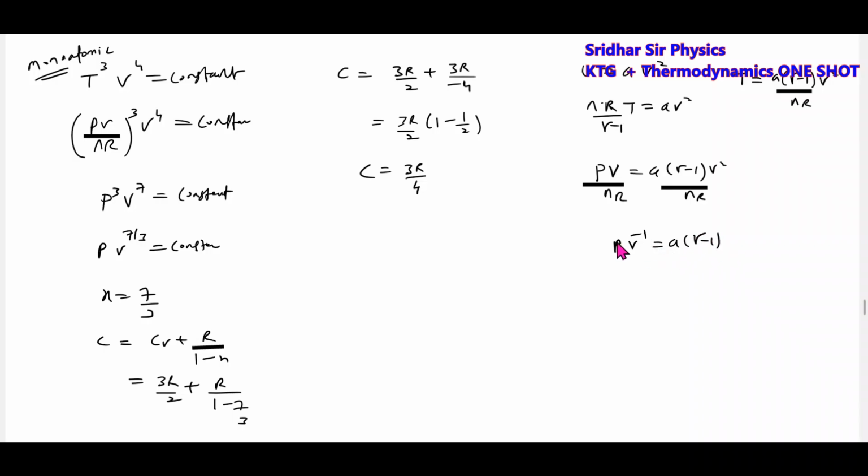Everything else is constant. Comparing with this, the value of X is minus 1. So Cv plus R by 1 minus X. We'll choose a monoatomic gas, so 3R by 2. The X value will be 1 minus of minus 1, so R by 2 will be 2R.